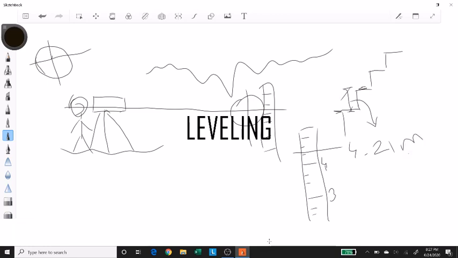Now, this value in itself doesn't give you much, but when you compare it with some other value, keeping your instrument at the same location, that is where it gives you the elevation difference between 2 points. Let's say I place my instrument over here, and I have this line of vision.